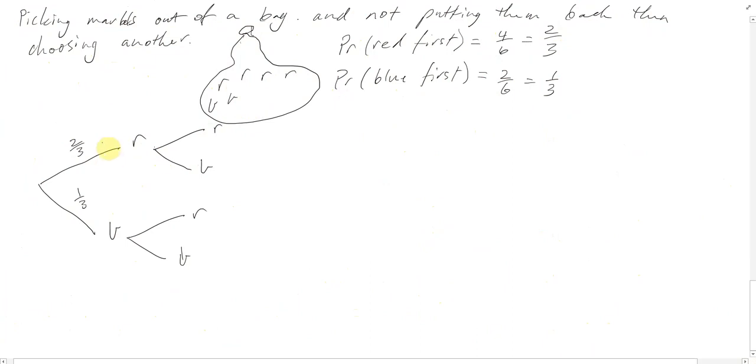But things have changed now. Suppose we took out a red. So we've already chosen our red, so one red is gone. That means our probability of choosing a red again is now 3/5, and our probability of choosing a blue is 2/5.